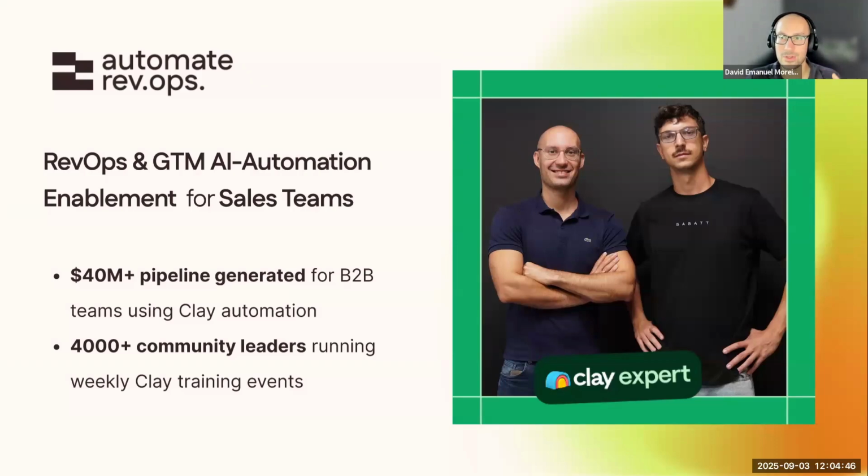With Marcos, we are the founders of Automate RevOps. In our company, we help teams and people learn how to use Clay and develop their own Clay workflows. By doing that, they unlock new go-to-market moves, and they also speed up their go-to-market processes.